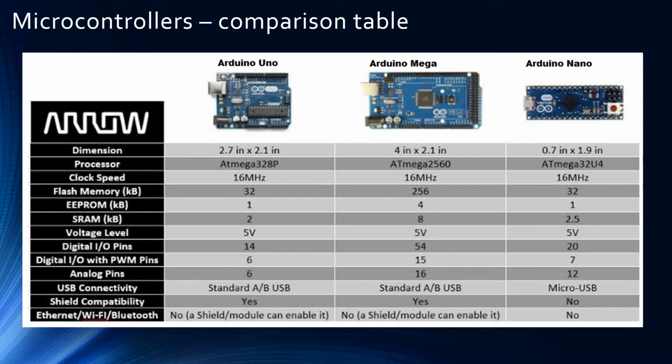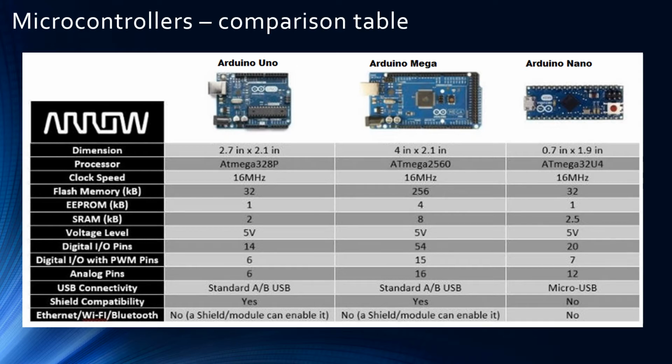So, which one is better? Is Arduino Mega always better? No, it depends on the application. If you only drive, let's say, 5 or 10 outputs, then you can buy Arduino Uno or Nano because it is cheaper and the dimension is smaller.